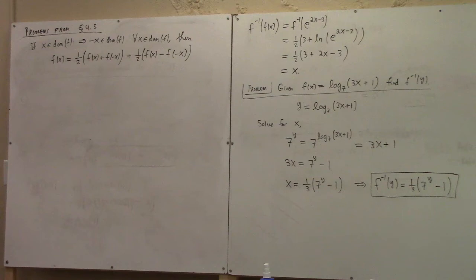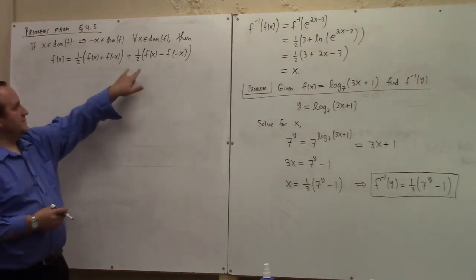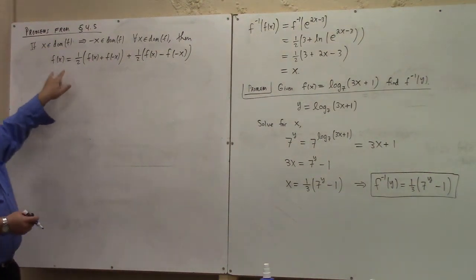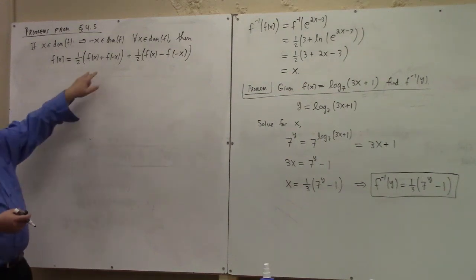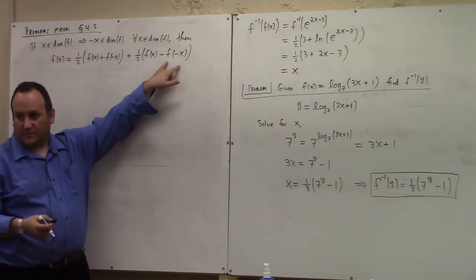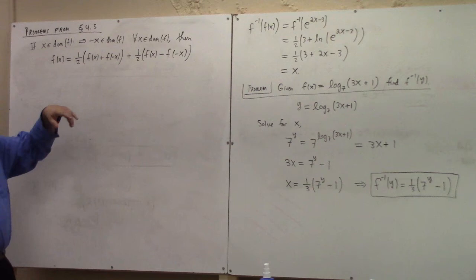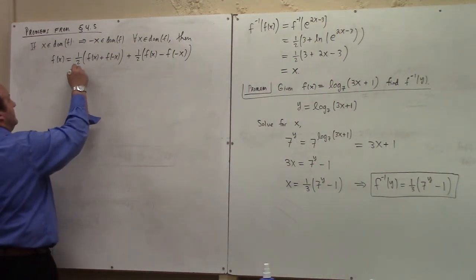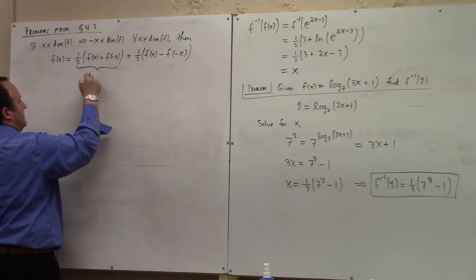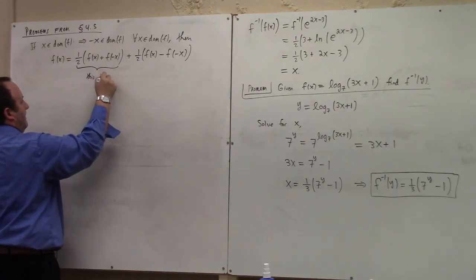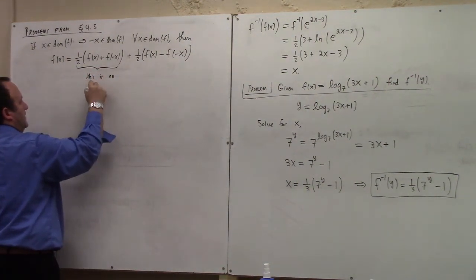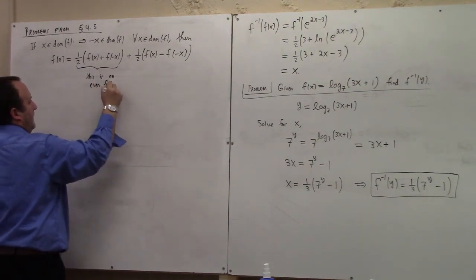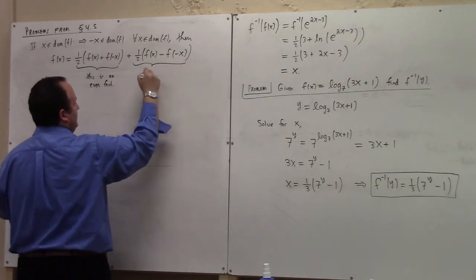So this plus that is just f of x again, right? But then this and that cancel, so that's just adding 0. But the reason to do this that makes it interesting is you can check that this is an even function. And this one over here, this is an odd function.